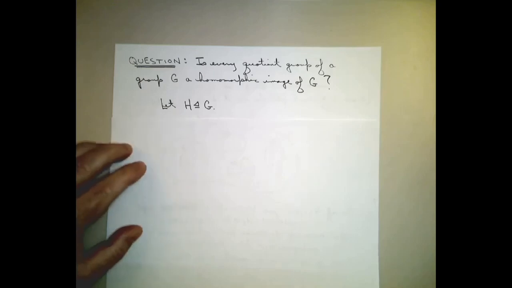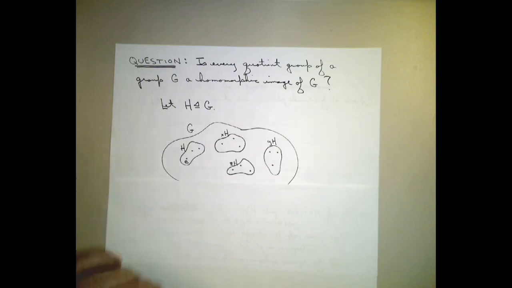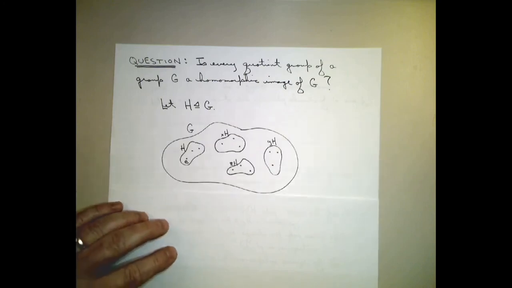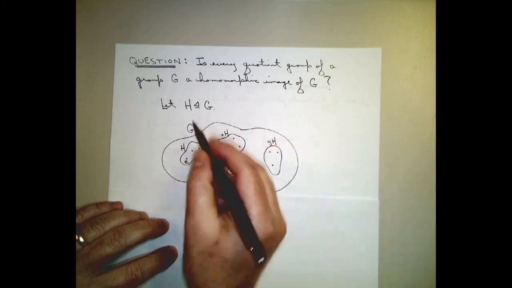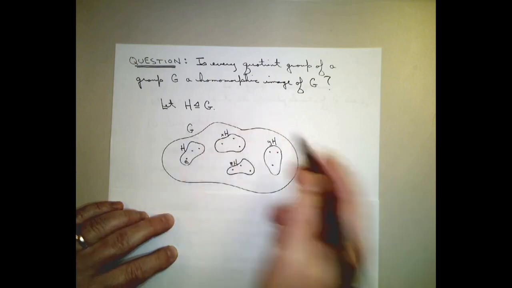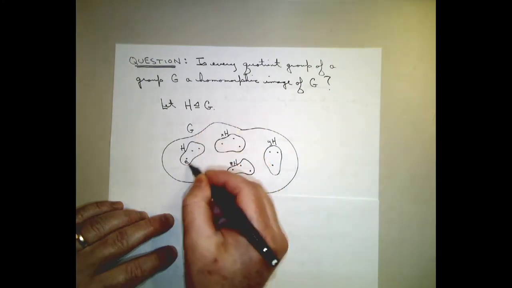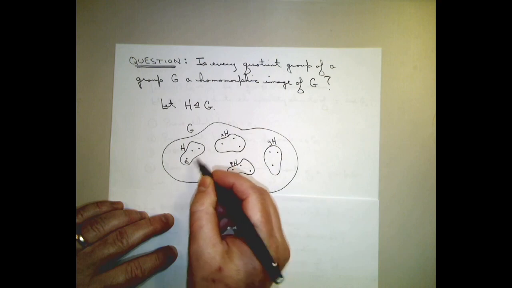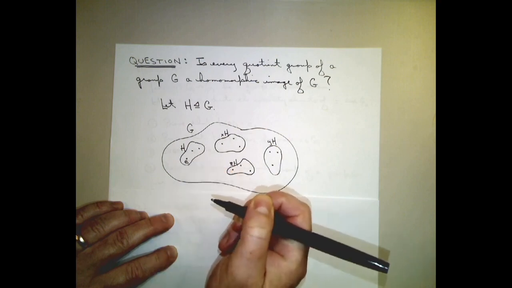And here's the idea. If we're going to talk about this, we have to start with a normal subgroup of G, in order to talk about a quotient group at all. So let's let H be a normal subgroup of a group G. We've got G, with a bunch of elements in G. Here's our normal subgroup, which contains the identity element.